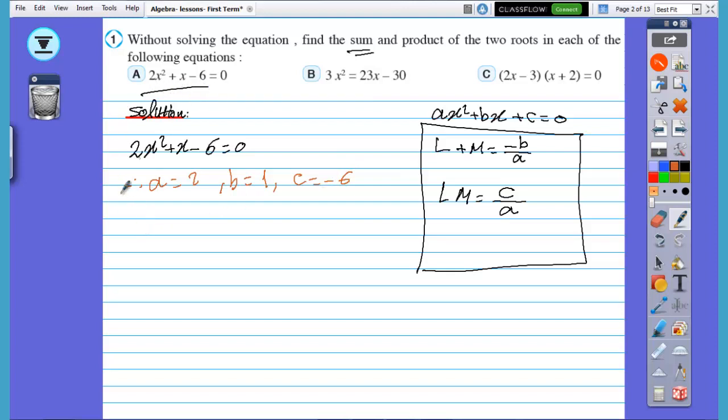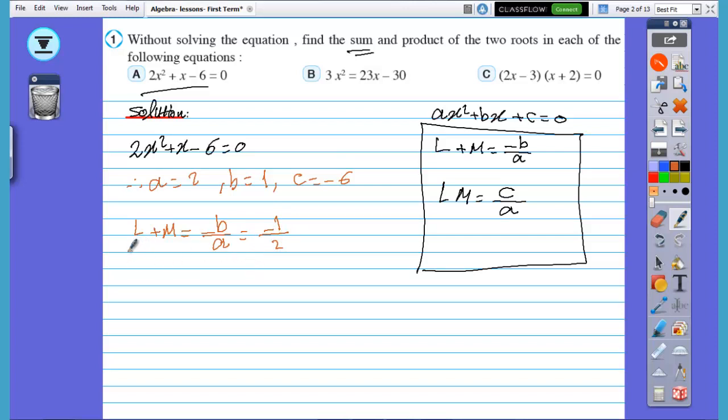Let the two roots be L and M, so L plus M, the sum of the two roots, equals negative b over a, negative coefficient of x over coefficient of x squared, which equals negative 1 over 2, which is negative half.